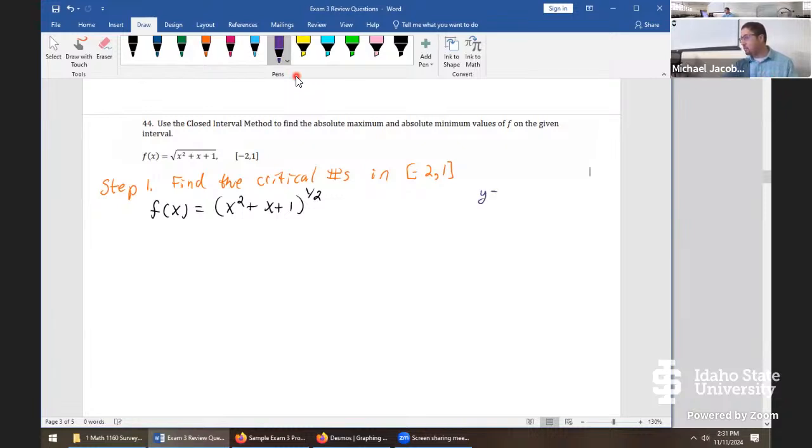There's y equals x power 1/2, and there's y equals x squared plus x plus 1. Anyone see which of the two is the inner function? Good call. So the x squared plus x plus 1 is the inner function.